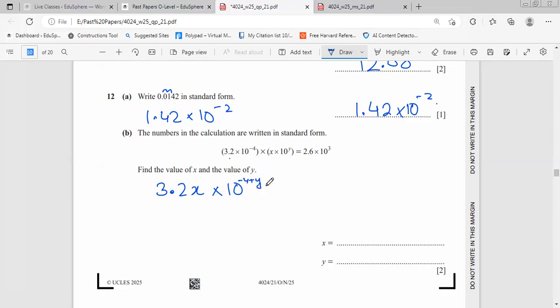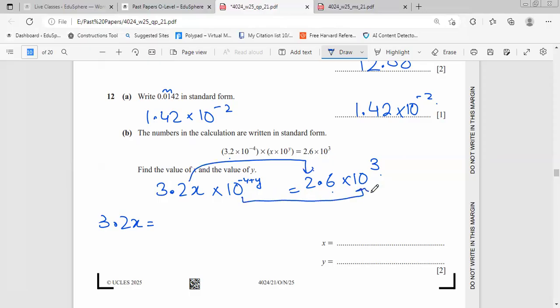Now we are going to compare it with this value, because it's 2.6 times 10 raised to the power 3. So categorically, we will be comparing this 3.2x with this 2.6. So x equals 2.6 divided by 3.2.